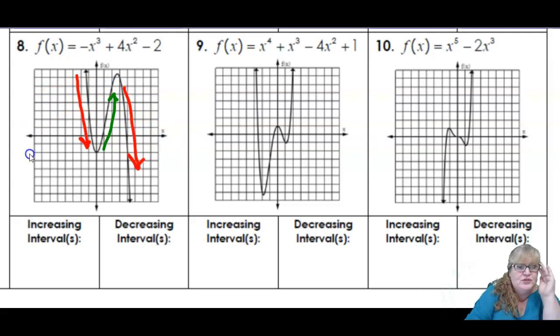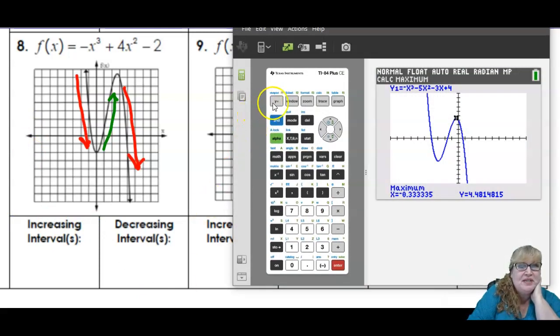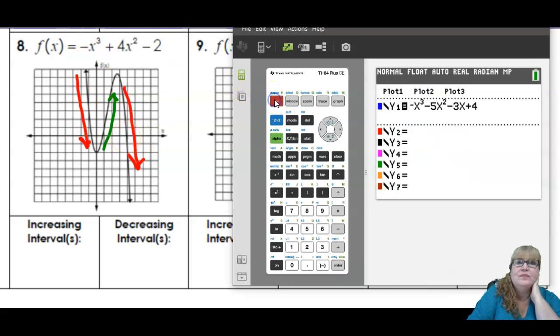So for at least one or two of these, I'm going to use the graphing calculator to find, and again, we really only need those X values. If I was asking you maxes and mins, you would want both. But if I type this in, -x cubed plus 4x squared, and then it just says minus 2.